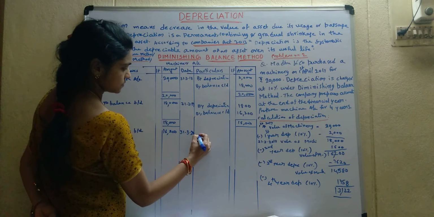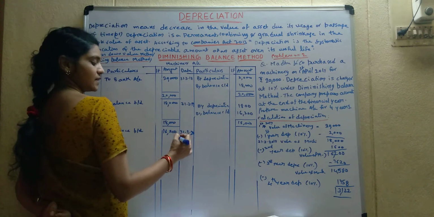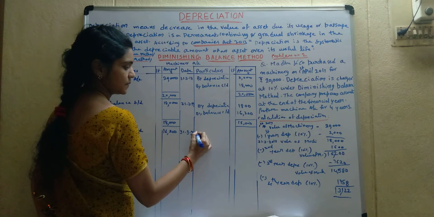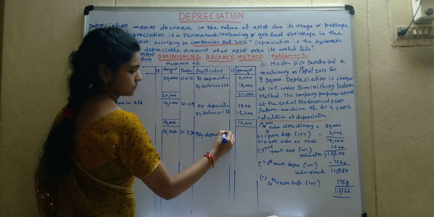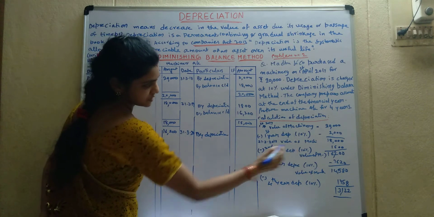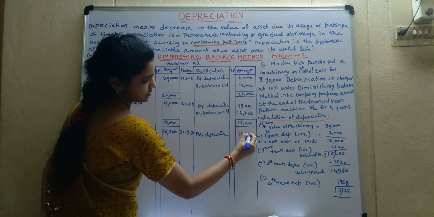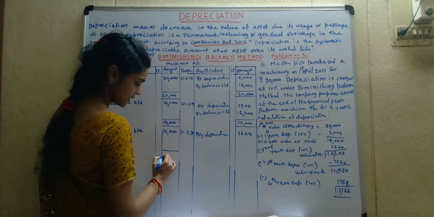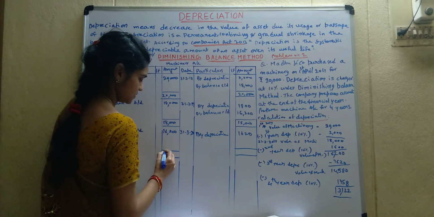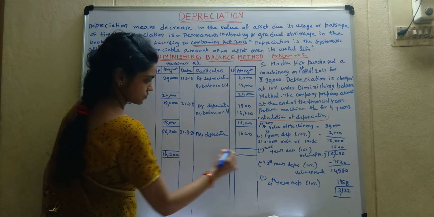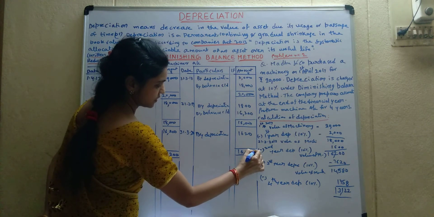Again 31/3/20, by depreciation. What's the depreciation amount? 1620. Again balance 16,200.